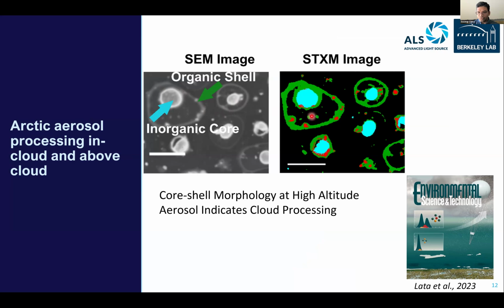Correlative imaging shows an organic coating around these particles, which often indicates cloud processing. She was using this as an indicator to understand how, at different layers of the Arctic atmosphere, these particles get processed within the cloud or above the cloud. That was the main story that she performed.